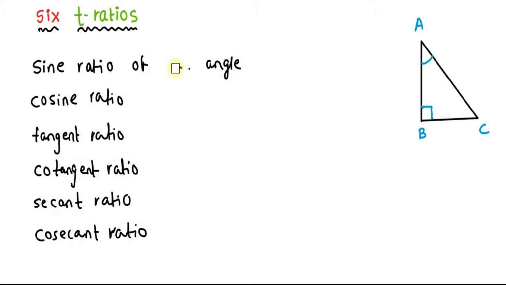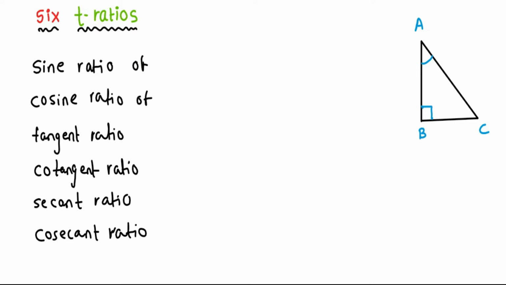For example, let's say the reference angle given is angle A, then we say sine ratio of angle A, cosine ratio of angle A, tangent ratio of angle A, and so on. If the reference angle is angle C, we say sine ratio of angle C, cosine ratio of angle C, tangent ratio of angle C, and so on.